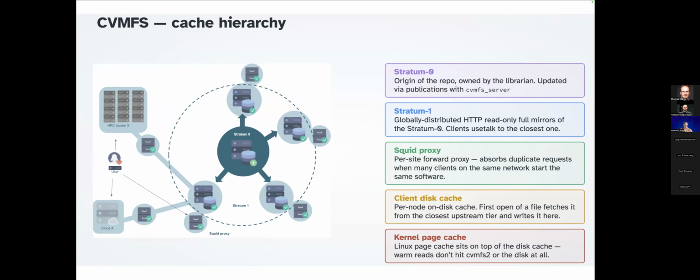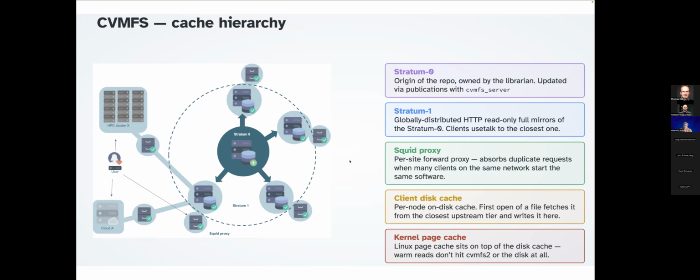They are basically a full copy, so they're independent. There's a lot of thought about having independence and federation in this system. And then you get towards having proxies, which take load off these servers if there's a site with a lot of worker nodes.